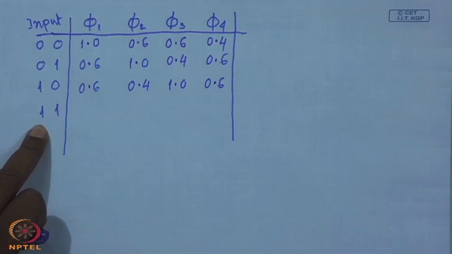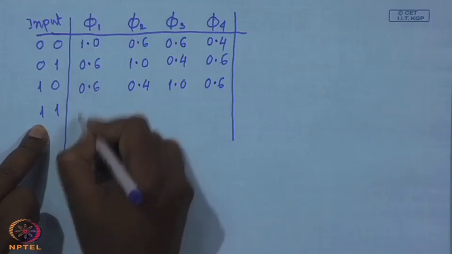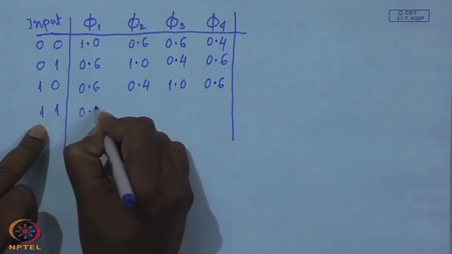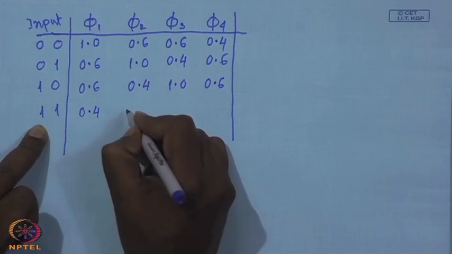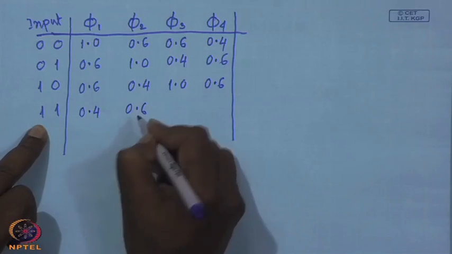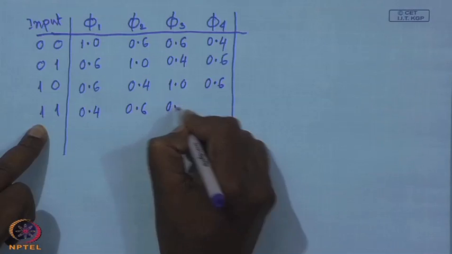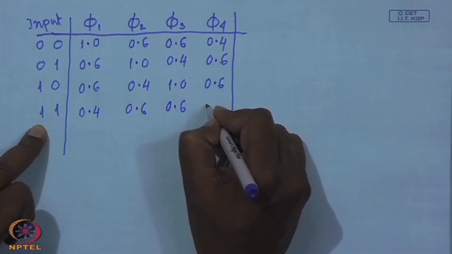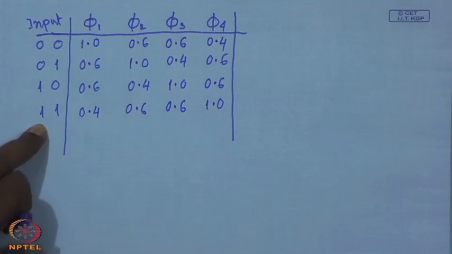And for the input feature vector 1 1, I have phi 1 is equal to 0.4, phi 2 x will be 0.6, phi 3 x will be 0.6 and phi 4 x will be 1.0.